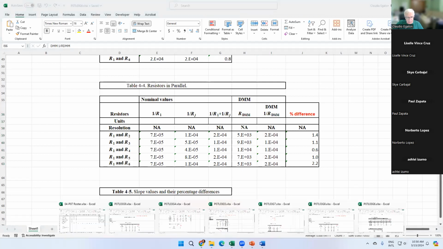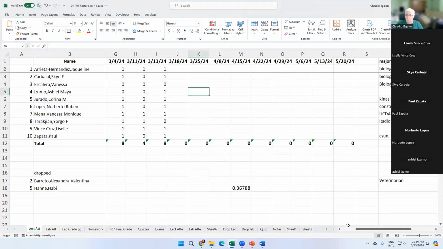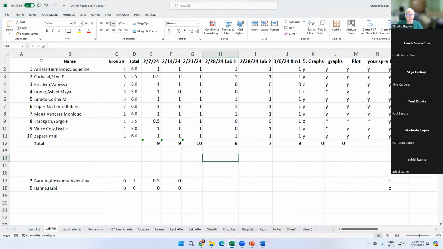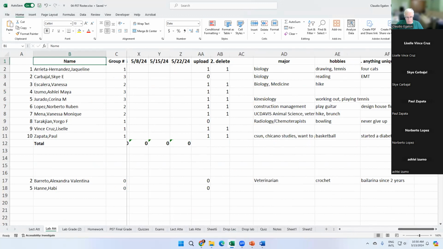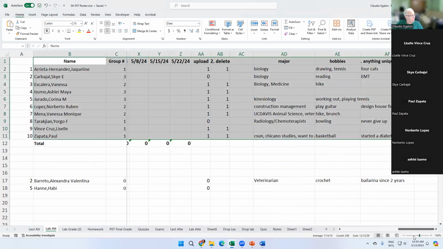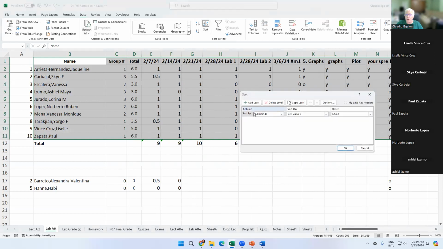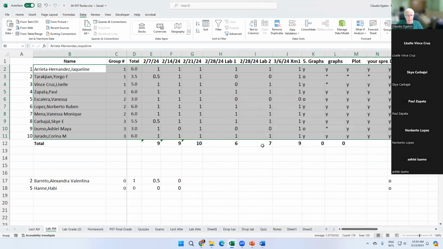Let's take a look here at this attendance sheet. Data sort, column B, name, group number. Here you go. Yeah, we have only 3 groups here.